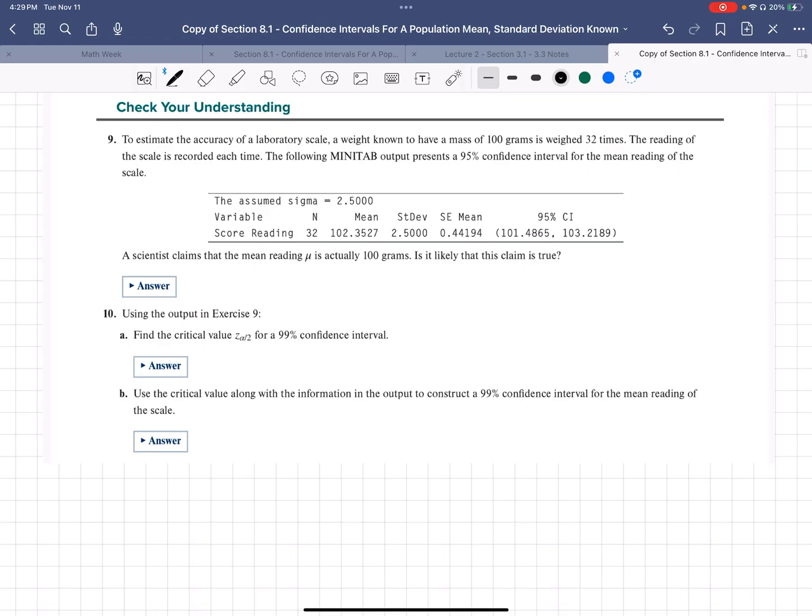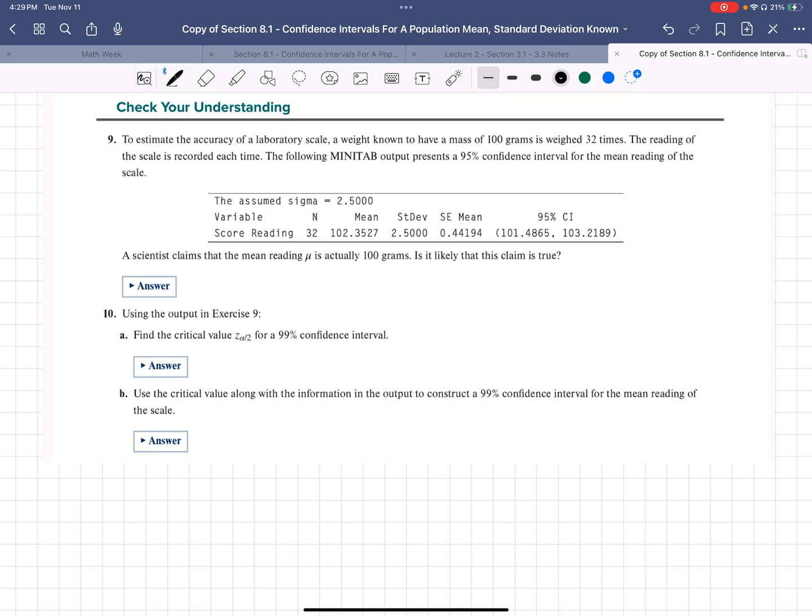So score reading, we've got N is 32, a mean is 102, standard deviation is 2.5. And then we have, if we look, standard error is 0.44194.